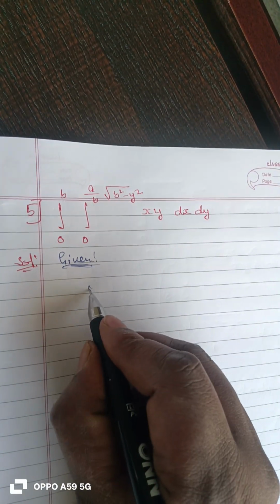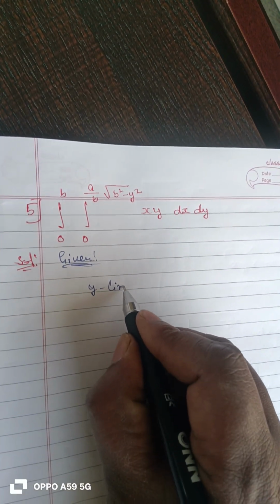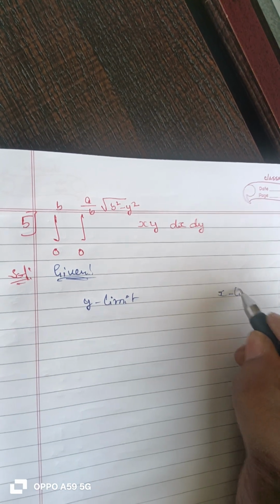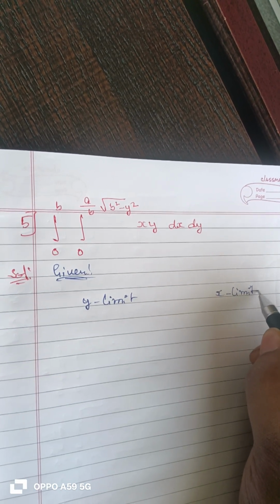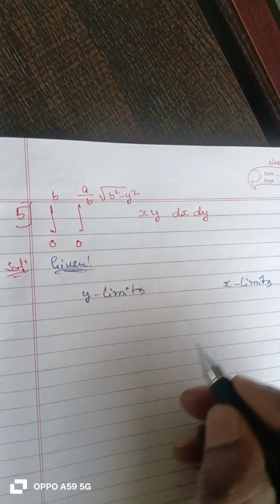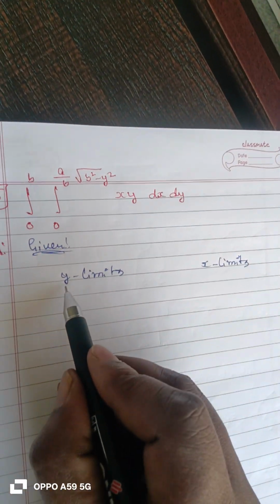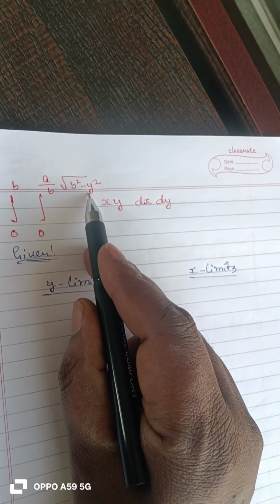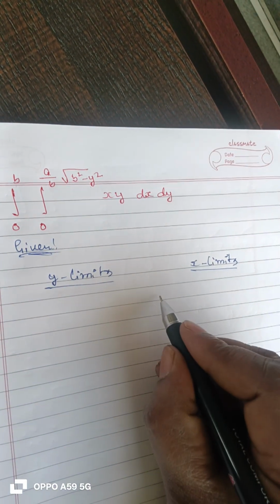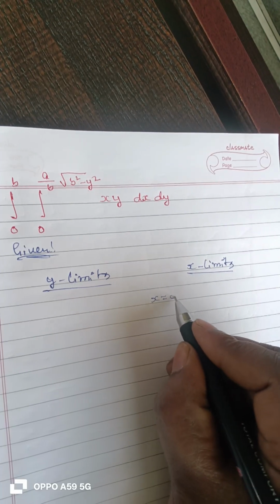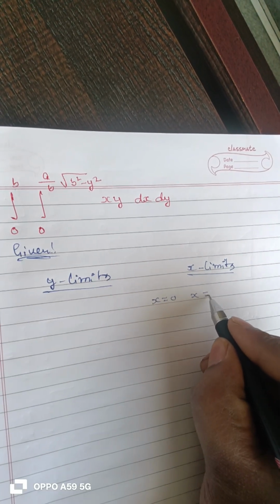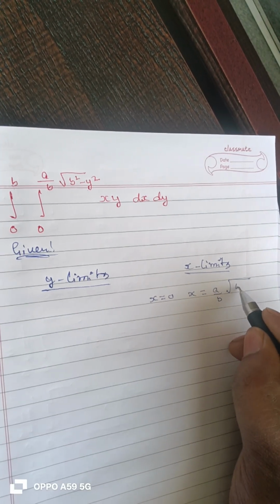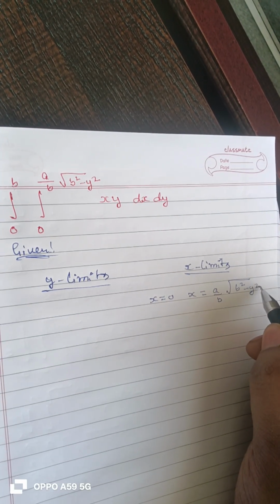In this, the y limit, and one more, the x limit. From this, if you observe, y is contained here, this is the x limit, so x is equal to 0, and the other limit x is equal to a by b square root of b square minus y square.